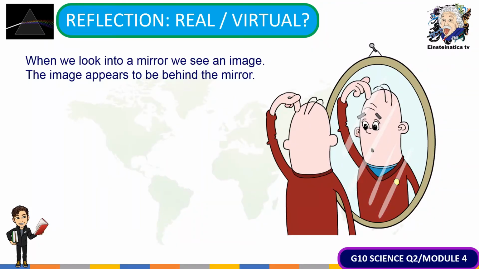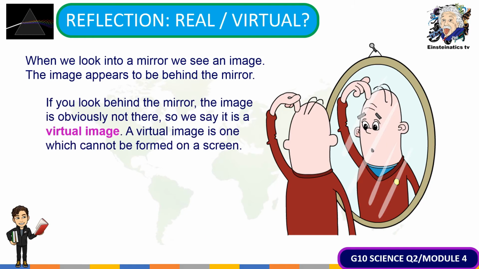Now, you might be asking, yung reflection mo ba or yung imahe na makikita mo sa salamin is totoo ba or kakambal mo? So, is it real or virtual? So, when we look at the mirror, pag tumitingin tayo sa salamin, we see an image. And the image appears to be behind the mirror or nasa likod ng salamin.